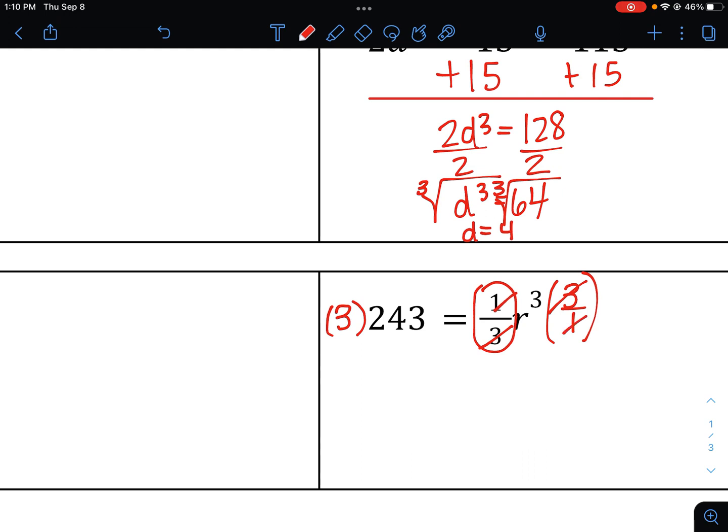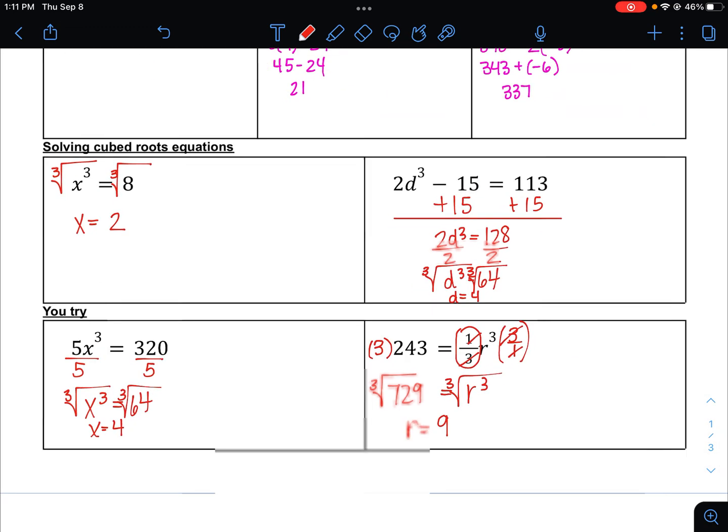We have everything gone. We have r cubed equals 243 times 3, which is 729. We can take the cubed root of both sides, so 729's cubed root is 9, so r is equal to 9. Again, cube roots are not going to have that plus or minus on the front. If you can tell me on Monday, that would be great.